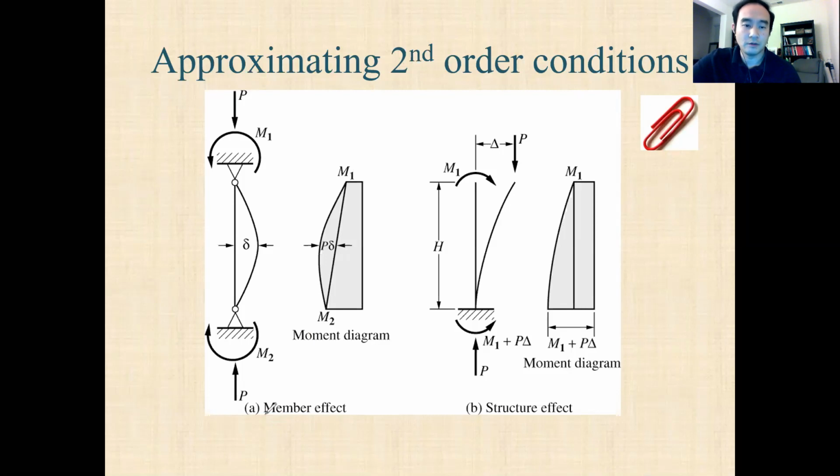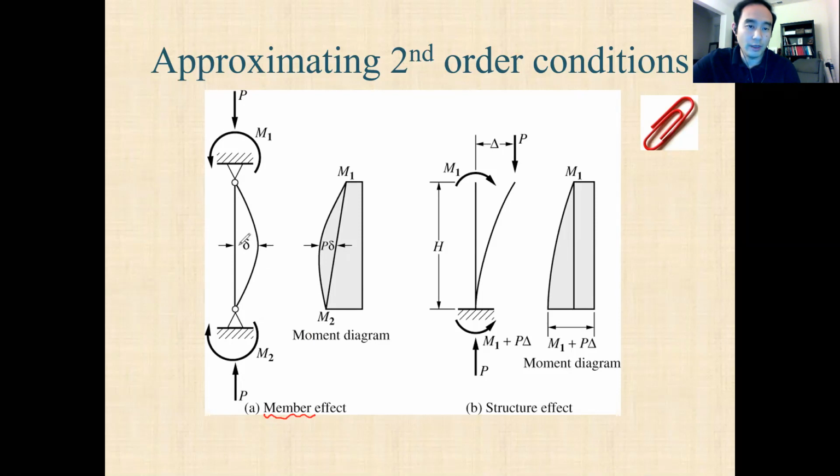So this is based on the member effect, which means think about this column. The top and bottom boundary conditions are kind of restrained, right? When we apply both axial load and bending moment, due to these two combined loadings, this column will be bent like this.